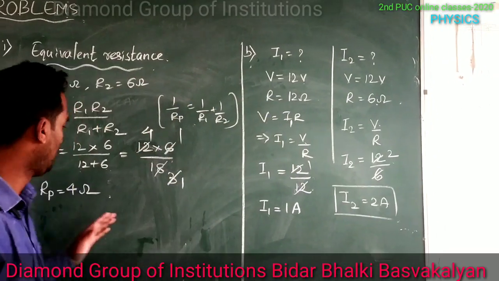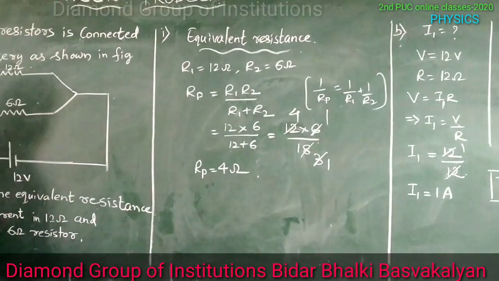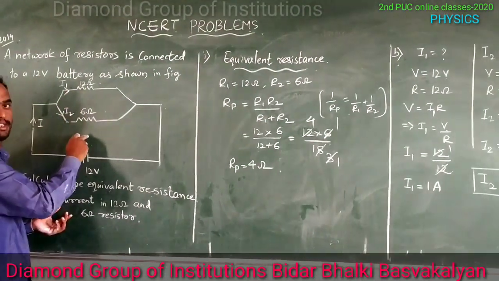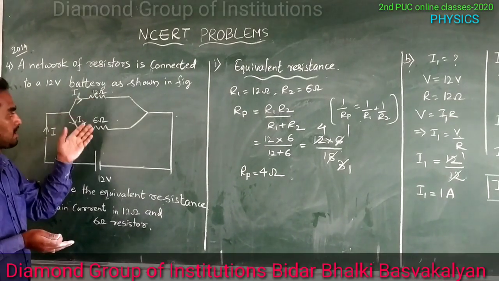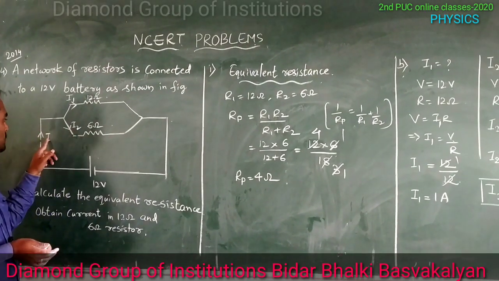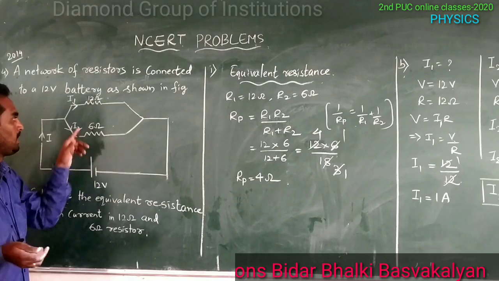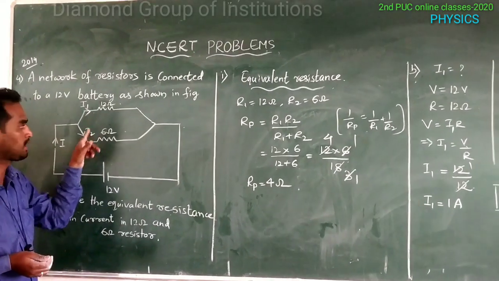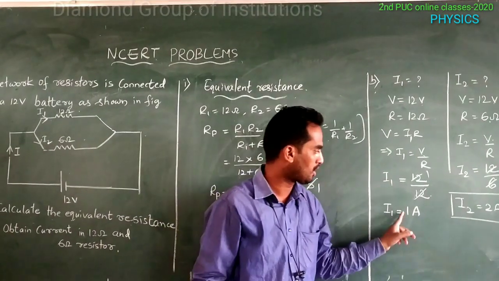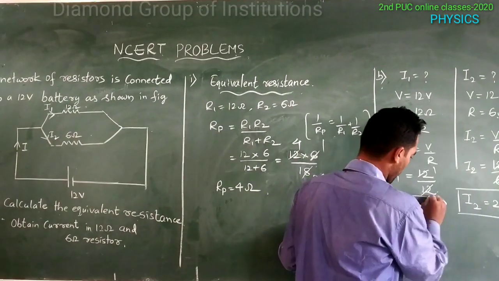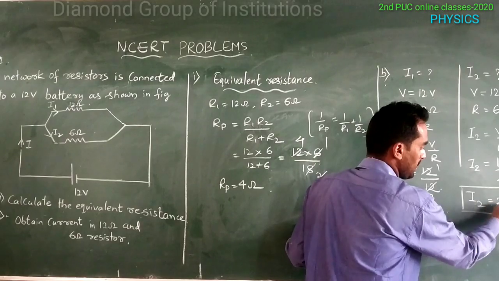In this way, we calculated the value of current across each resistor. Always remember that when the resistors are connected in parallel, always the current is going to be divided. Here how many branches? 2 branches, I1 as well as I2. So what is the value of I1? We got it as 1 ampere and I2 value we got it as 2 ampere.